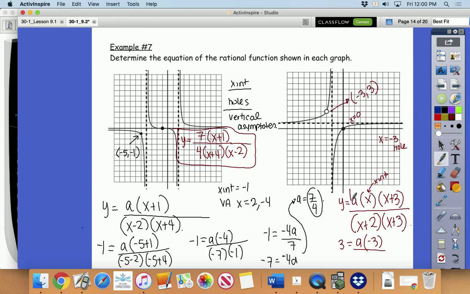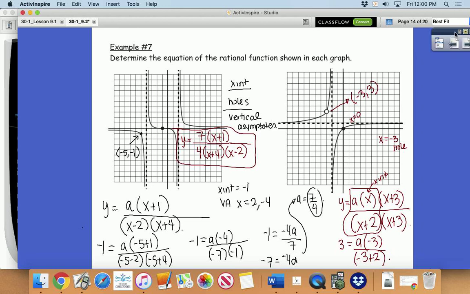So I only want to include that point of discontinuity there, and that will help me find my stretch. So I'm going to put in -3 plus 2 here, and then solve for A. So I have 3 equals -3A over the bottom, which is -1.